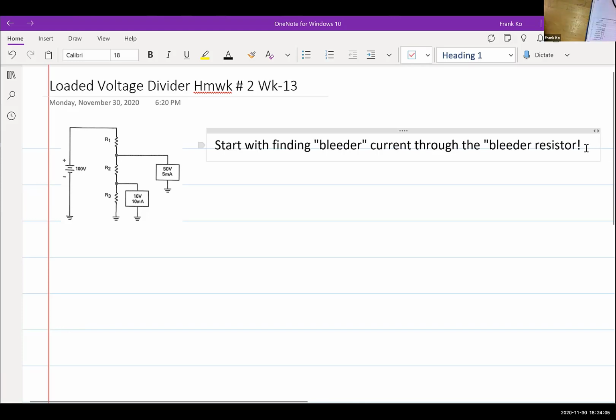The rule of thumb here is this. Bleeder resistor is the last resistor of the voltage divider string.